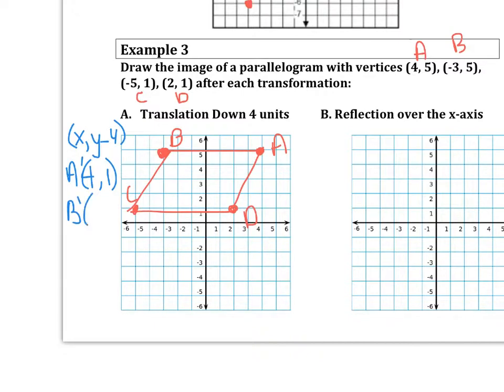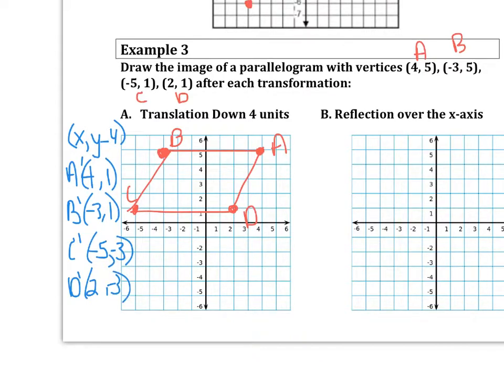B prime, which was originally -3, 5, will now be -3, 1. C prime, which was -5, 1, would now be -5, -3, and D prime, which was 2, 1, will now be 2, -3, because we subtracted 4 from each of the Y coordinates.